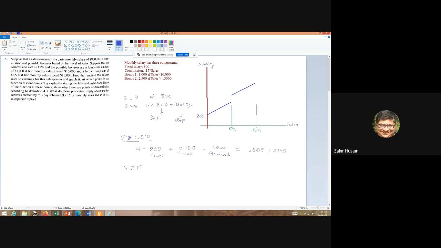Now, sales is, let us say it is crossing 15,000. In that case, your earlier salary was this. Now you get an additional bonus of 2,500.